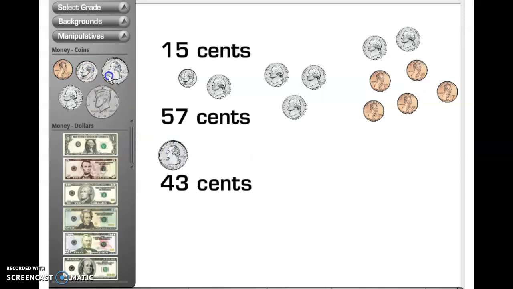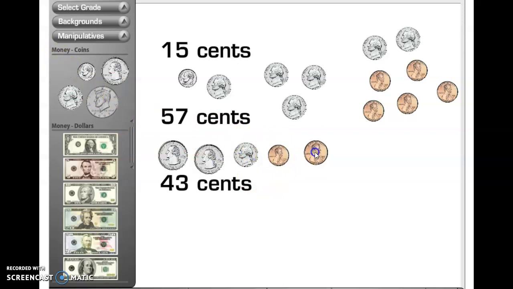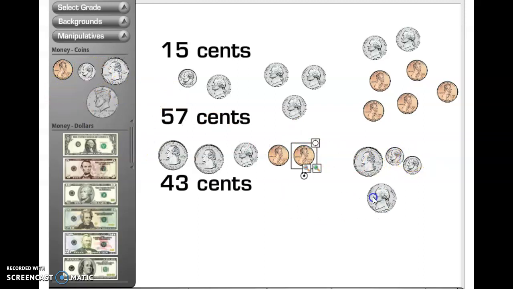I can do 2 quarters, a nickel, and 2 pennies. That's going to be 57 cents. I could do a quarter, 2 dimes, a nickel, and 5 pennies.